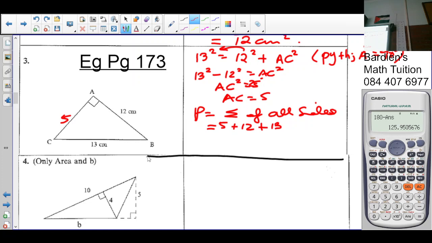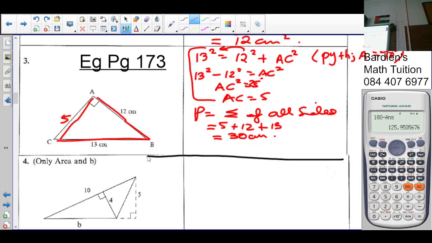Which is 30. Okay, that is the perimeter. The first one was to calculate the length of AC. Why do I need the length of AC? Because AC plus BC plus AB all together makes up your perimeter. Yes?